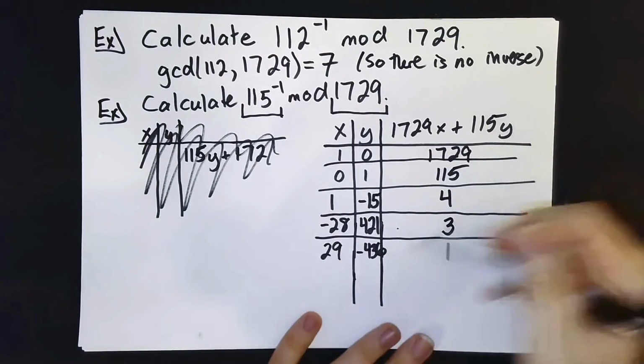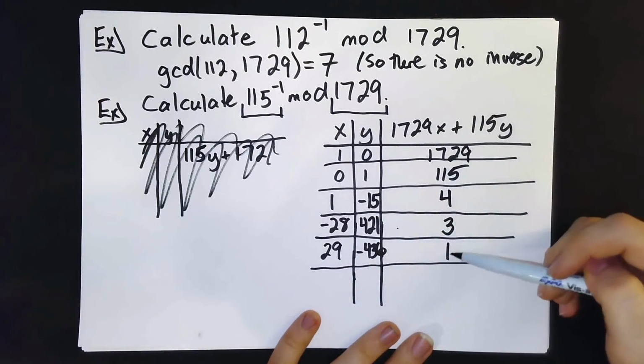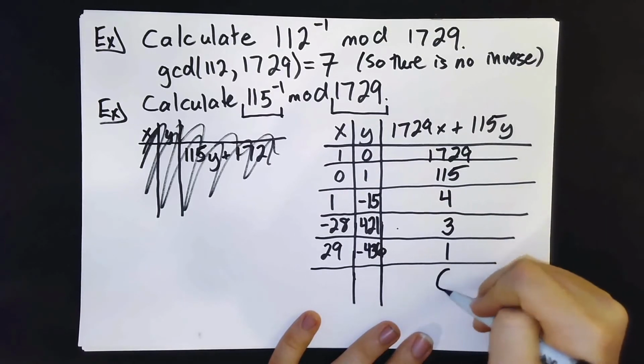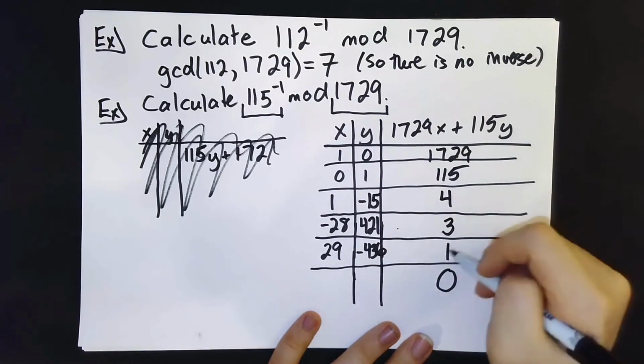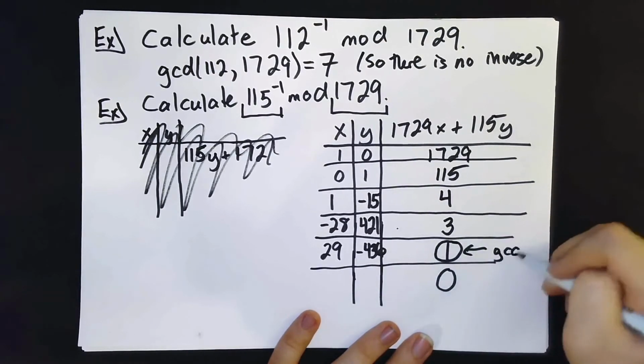Now, if I kept going, we know what would happen. I'd ask, how many times does 1 go into 3? It would go in 3 times, and I would be left with 0. But remember, that means that 1 actually was the GCD.